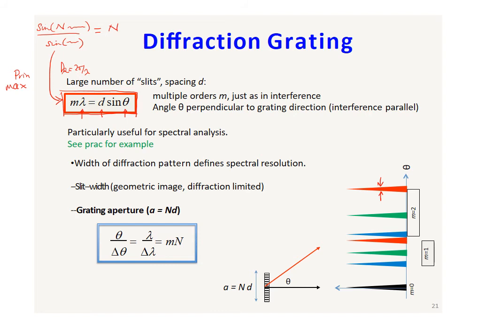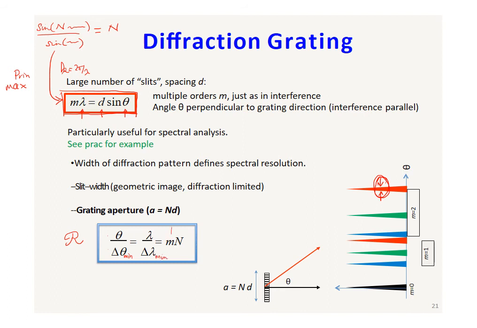We've also seen that the width of these spots is what defines the resolution. And the resolution is given by the ratio of the angle to the minimum resolvable angle, or the wavelength to the minimum resolvable wavelength.